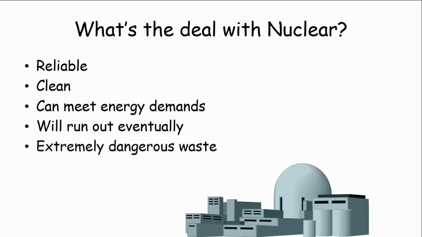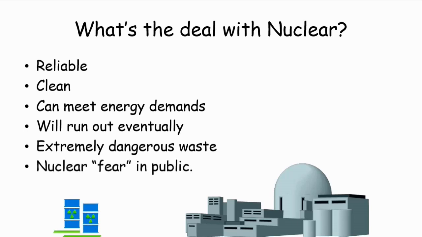Now, one of the problems with nuclear power stations is the waste. There is extremely dangerous waste. We need to solve this issue. What do we do with it? We can't just throw it in the bin. We can't toss it in the oceans. We can't just leave it lying about. It would be deadly. So there's a nuclear fear, and people don't like nuclear power because of this. What if it all goes wrong? Now, we've all heard about the big disasters that have happened in the world. There's been a few.